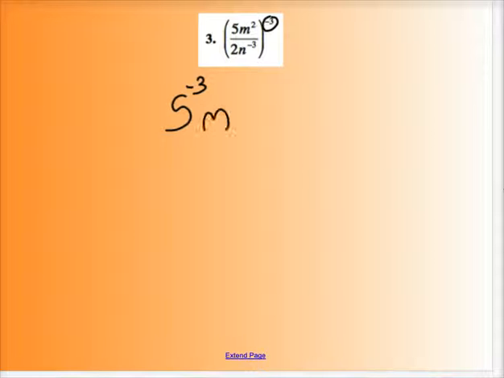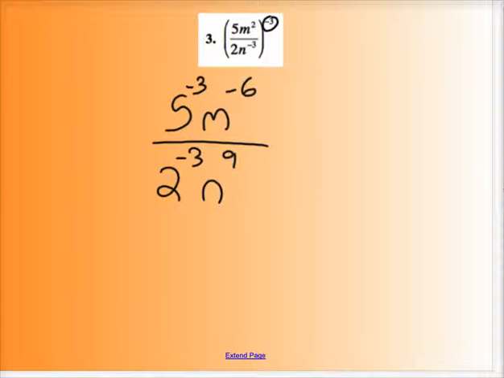We multiply those exponents, power of a power, a 2 to the negative 3. And now, n to the negative 3 to the negative 3rd power, when we multiply those, we get a positive 9.